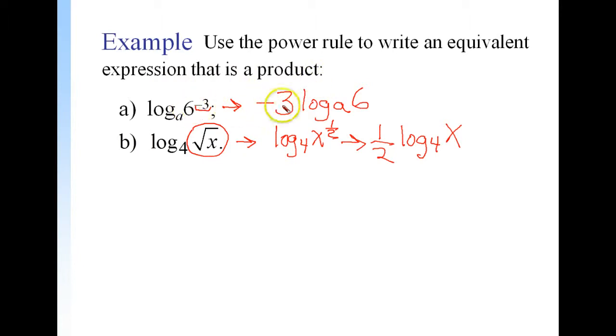So this would be a -3 times this. The exponent just goes to the front. And here we had to change our radical to an exponent form, x to the 1/2. So we can take the 1/2 and move it to the front, which is what we've done.